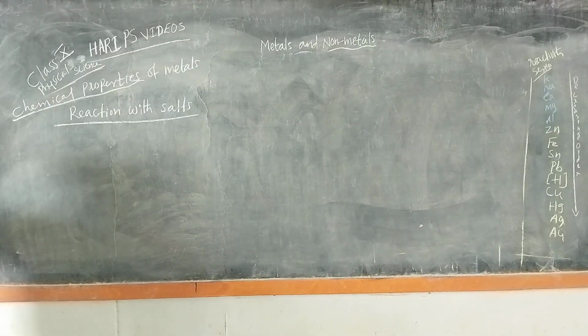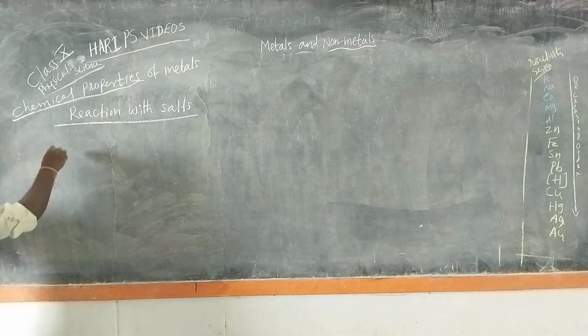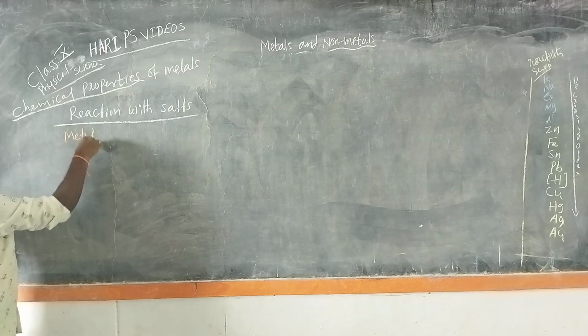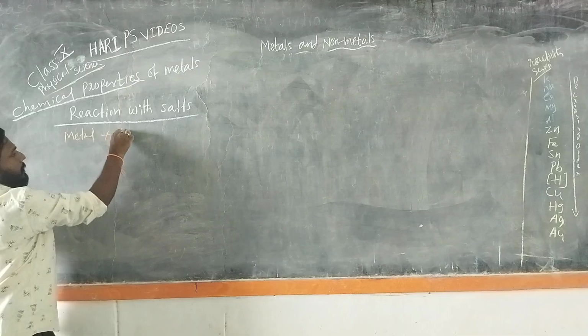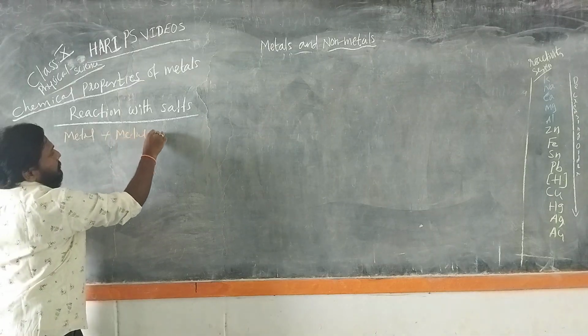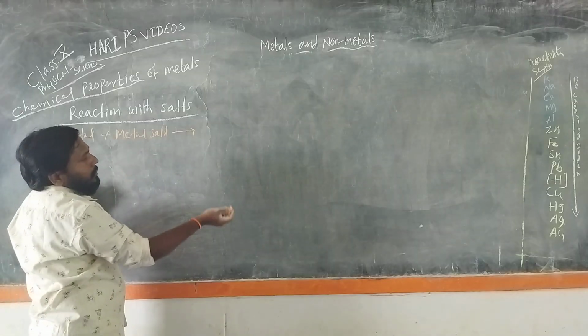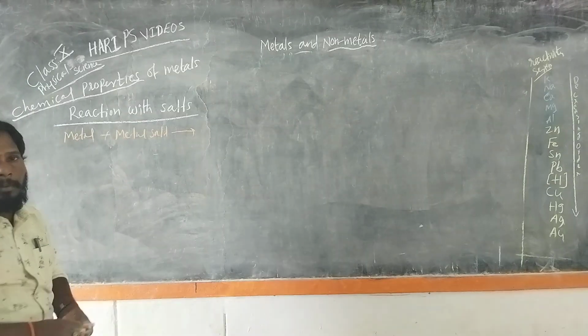There is one experiment already conducted in chemical reactions and equations. So metal plus metal salt. What will happen? One metal is displaced by another metal.